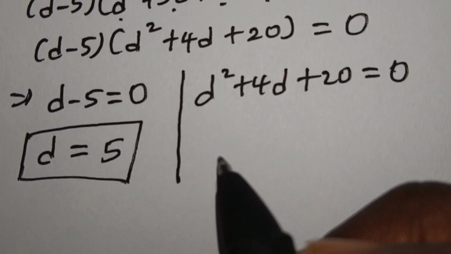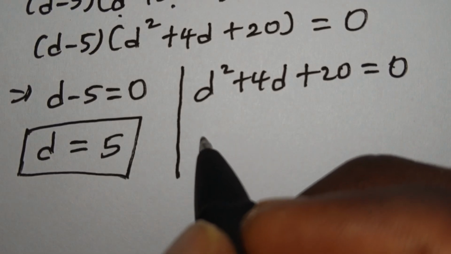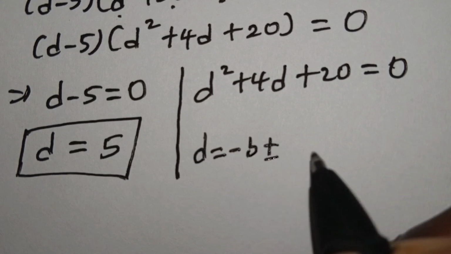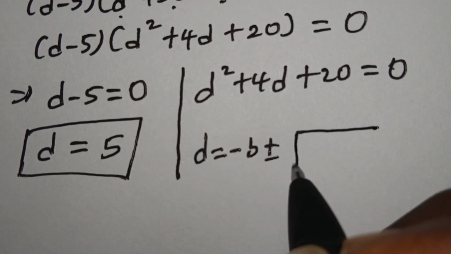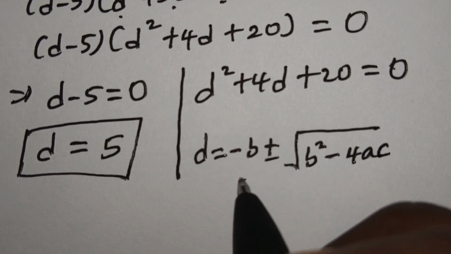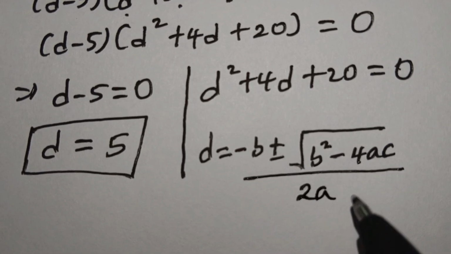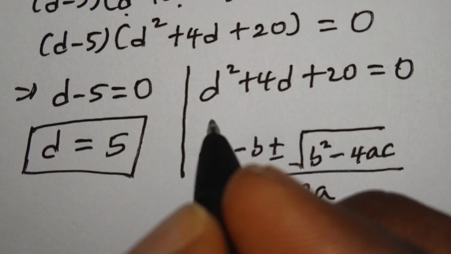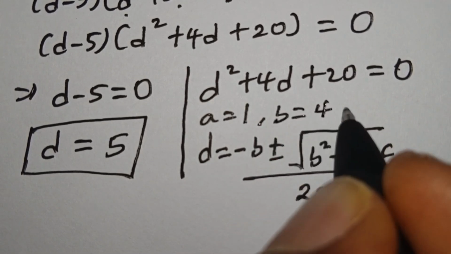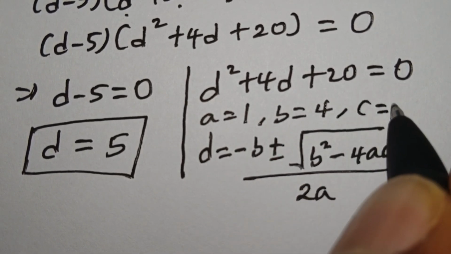So, we are going to solve it using the quadratic formula, which is D equal to minus B plus or minus square root of B square minus 4AC, divided by 2A. From this equation, A is equal to 1, B equal to 4, and C equal to 20.